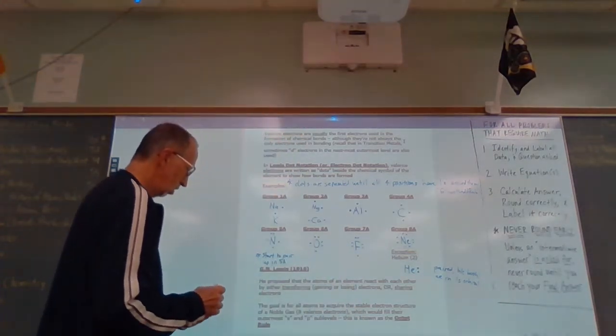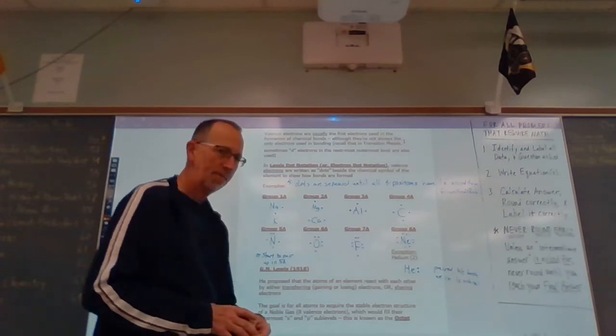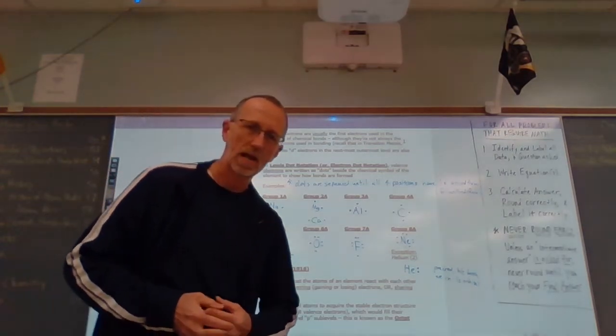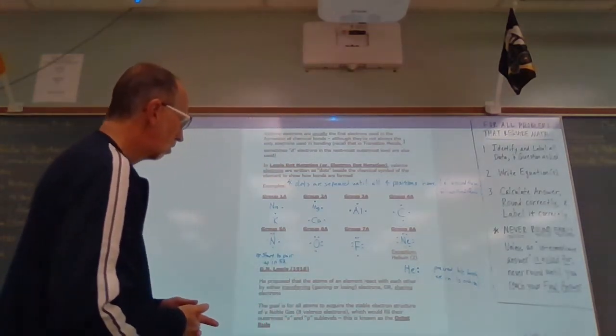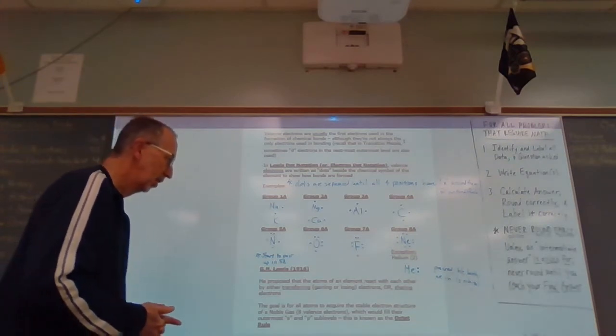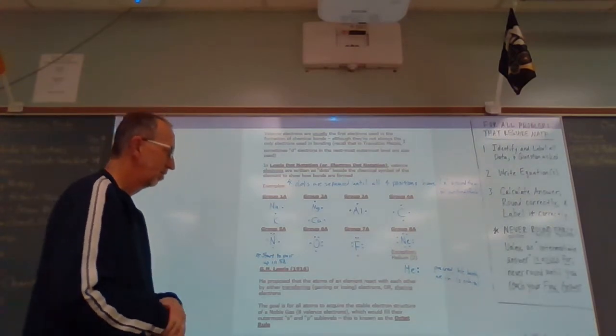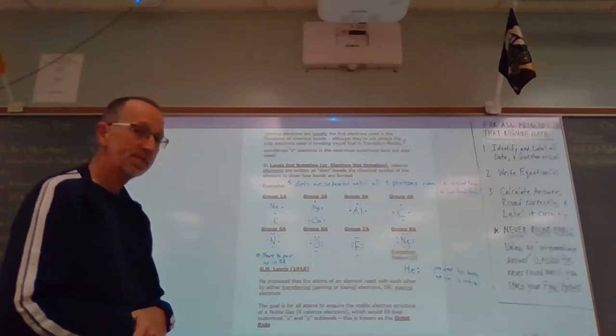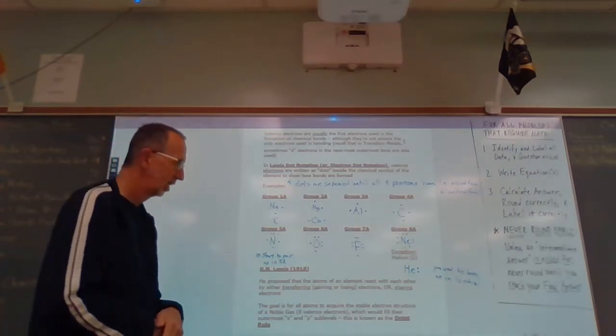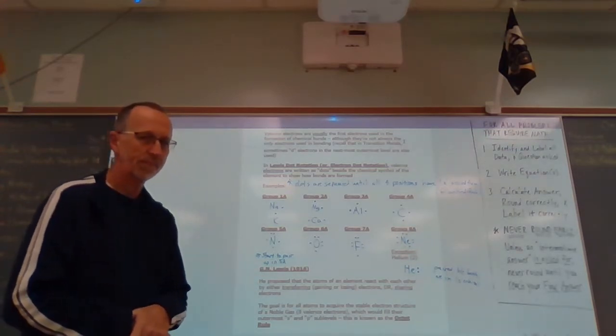All right, so Lewis dot structures came from Gilbert Lewis, who in 1916 proposed that the atoms of the elements react with each other by either transferring, which would be gaining or losing electrons, or by sharing them.